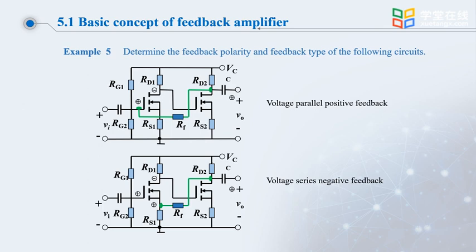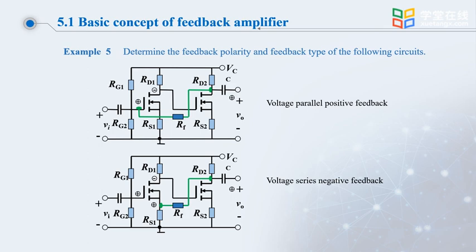Because it is a series connection, we compare voltages. So instantaneous positive after passing through the resistor is still instantaneous positive. So what about the voltage XF that the T12 returns from this feedback? Here is the source of the T12. It's an instantaneous positive. What we are concerned about is the net input signal of the T12.